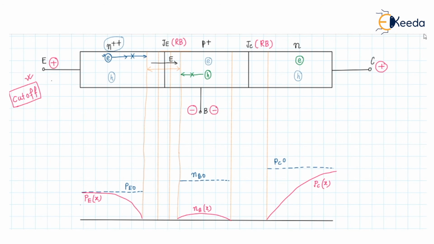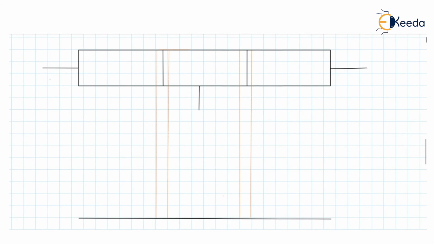Now let us discuss what will be the minority carrier concentration profile inside the NPN transistor at the saturation region of operation. So at saturation, we know that it is an N++ emitter, and this is the collector region, and this is the base, which is a P plus region. There is a JE junction here, and this is the JC collector junction here.